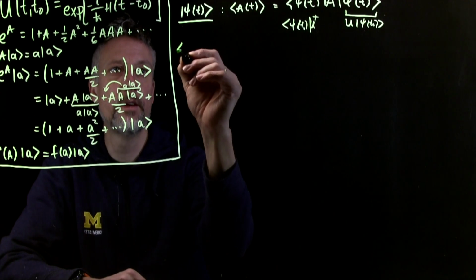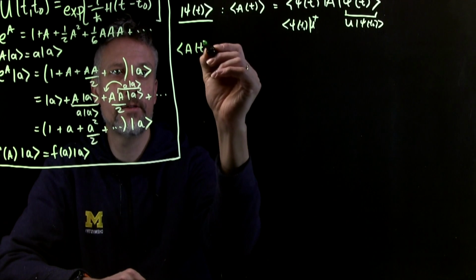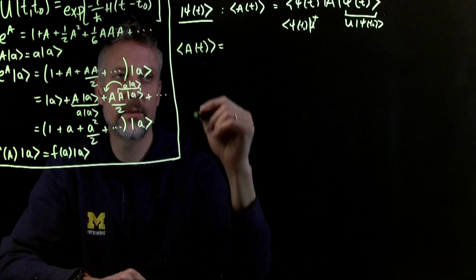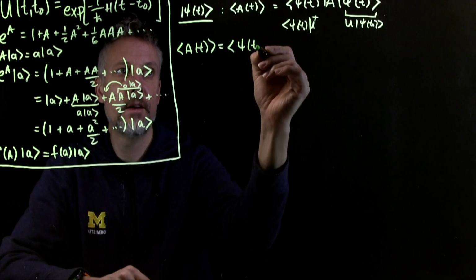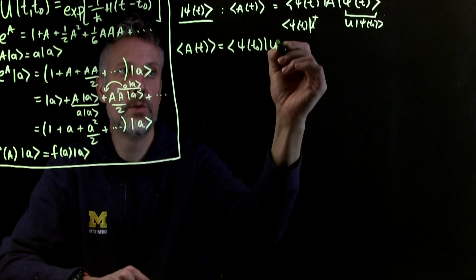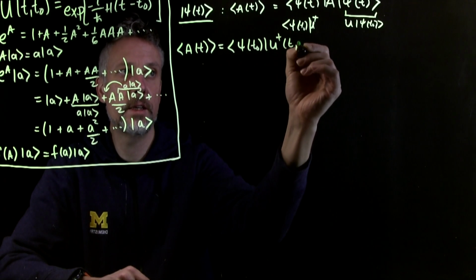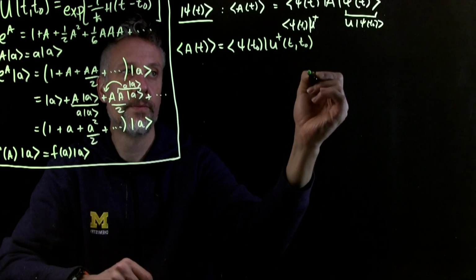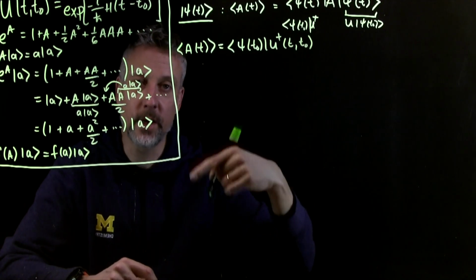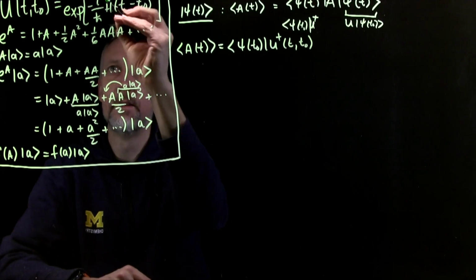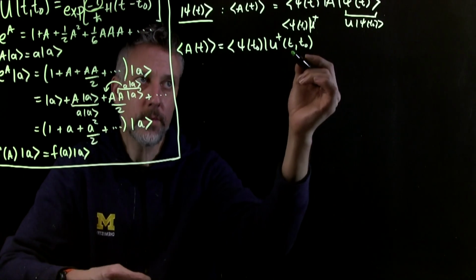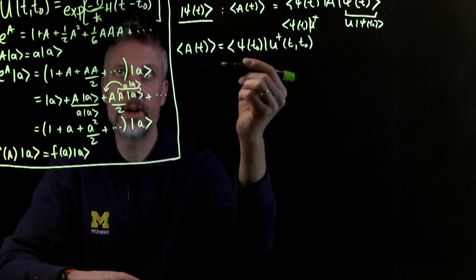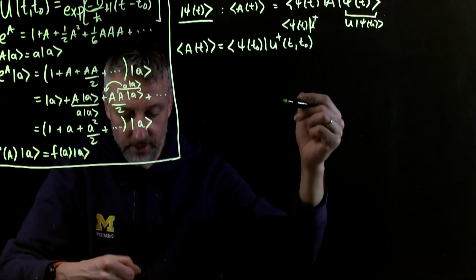So when we plug this in, we have the expectation value of A, which we predict will be a function of time. It's going to be <psi(t0)| U dagger(t, t0). Of course, what this means is that we replace the minus i with plus i. Everything else is the same. But it will be operating to the left. We'll have to think about how we operate from right to left.